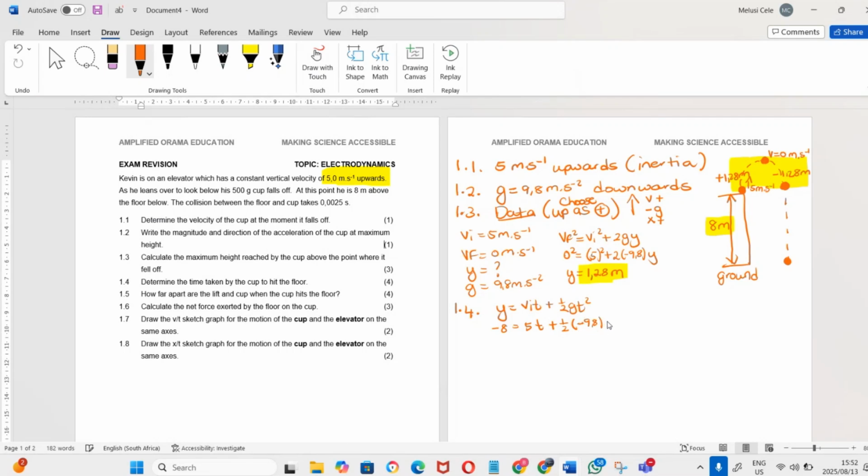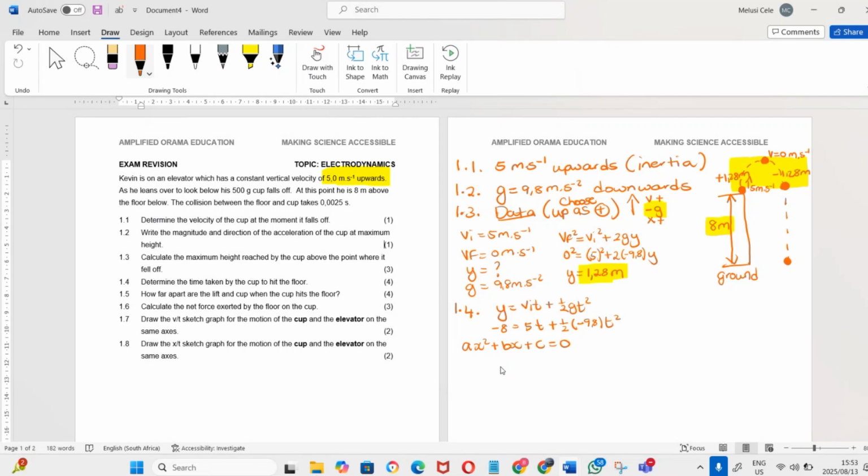Remember, I chose up as positive, and so my value of g must be substituted as negative, and then t squared. Then I've set up that equation. I just have to rearrange that equation into ax squared plus bx plus c equals 0. Then I'll use my a, b, and c values to find time. That's all I simply need to do.